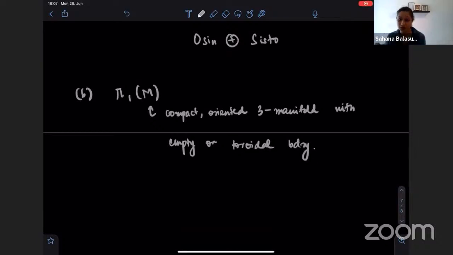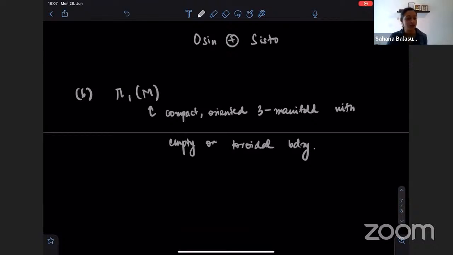And if you don't understand all of these words, it's fine. Here's a simple example to think of in this case. Imagine that you have a solid 3 ball, like an apple, and there was a worm that lived inside of this apple, and it had bored itself around in a circle. That would have created a torus inside your solid apple, and that's actually a 3 manifold with a toroidal boundary.